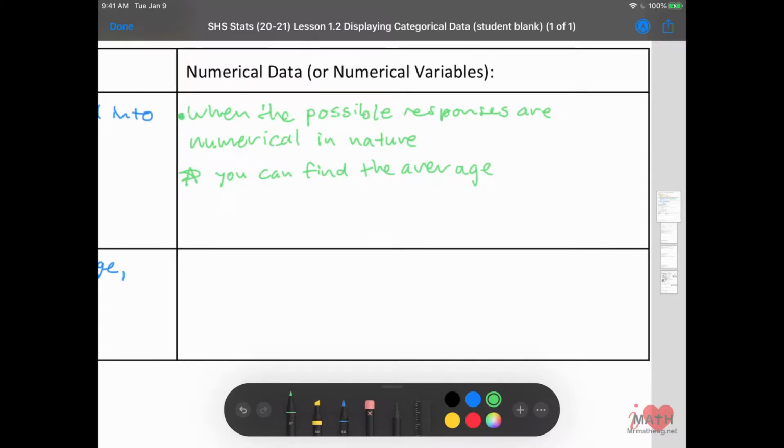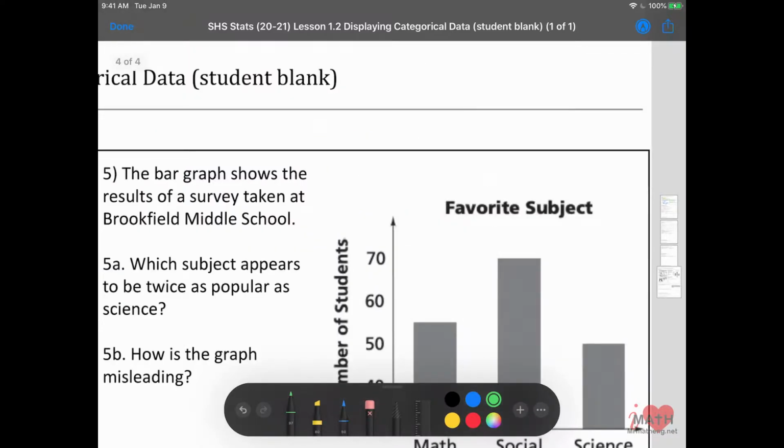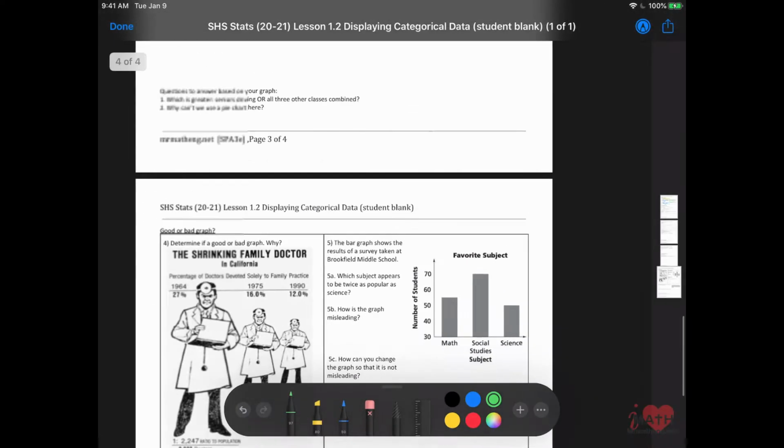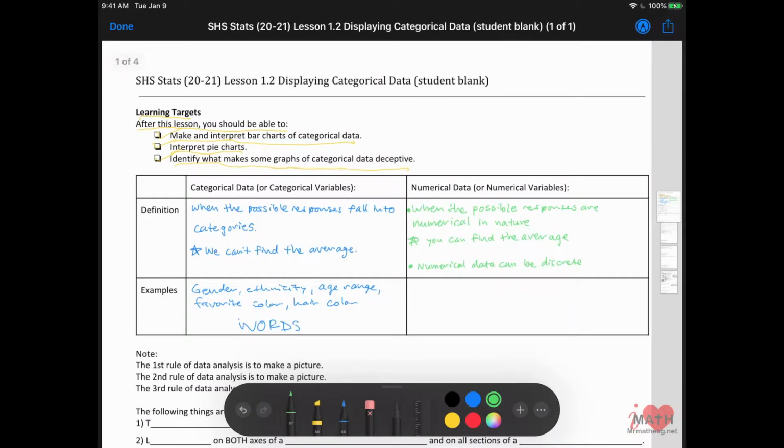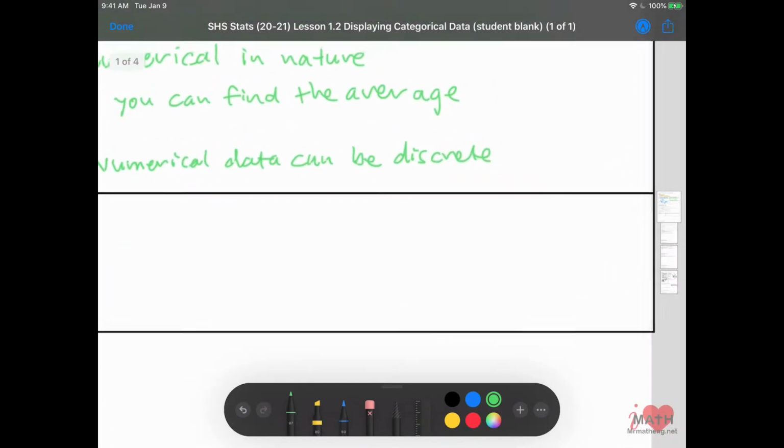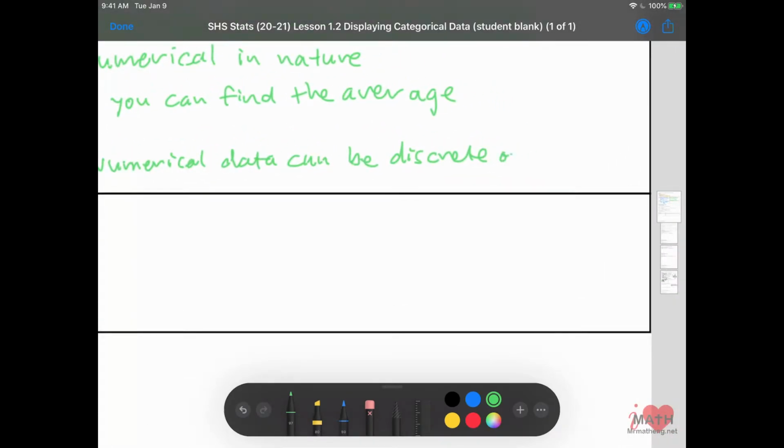Another idea is that numerical data can be discrete or continuous.